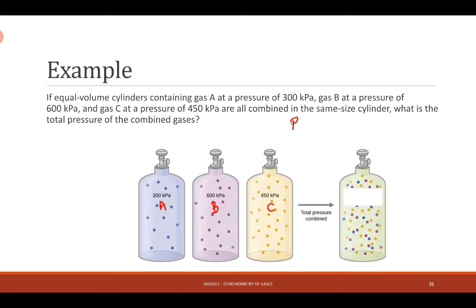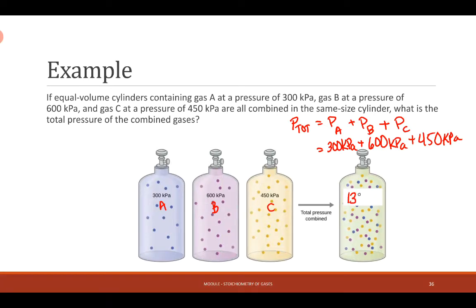To find the total pressure, we add up the pressures of A, B, and C. And so that's going to be 300 kilopascals plus 600 kilopascals plus 450 kilopascals. So 300 plus 600 plus 450. And so this is 1,350 kilopascals.